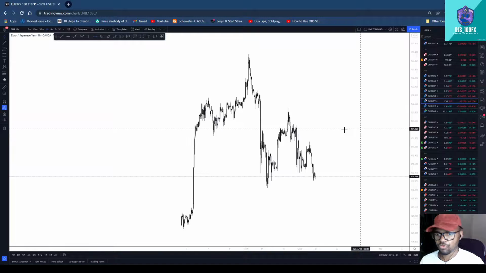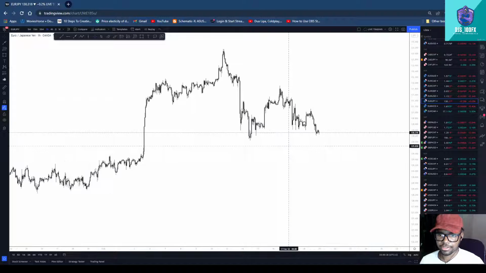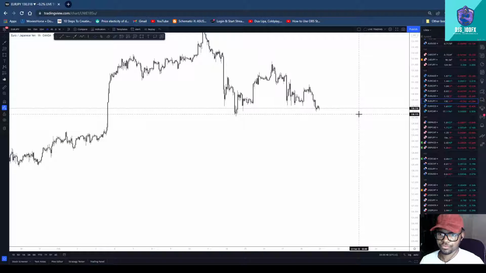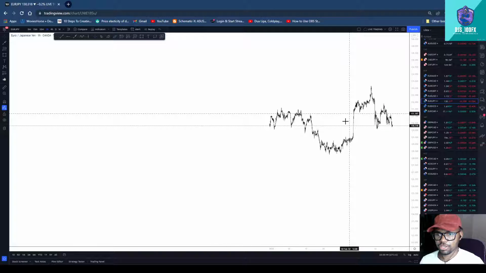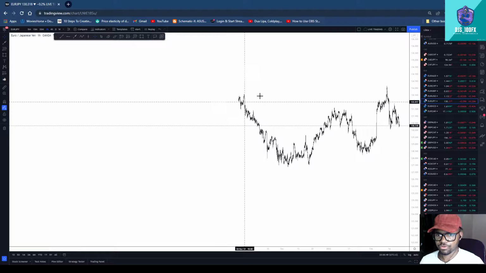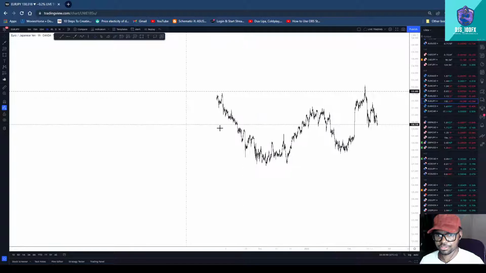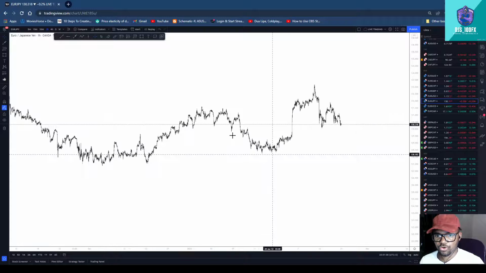For Euro JPY, it looks more clear and cleaner than Euro USD. Price, although it made this impulsive move upside, let me just wait for the previous chart data to load. We can see that price has been moving down from this high here, rather correctively, but moving down.